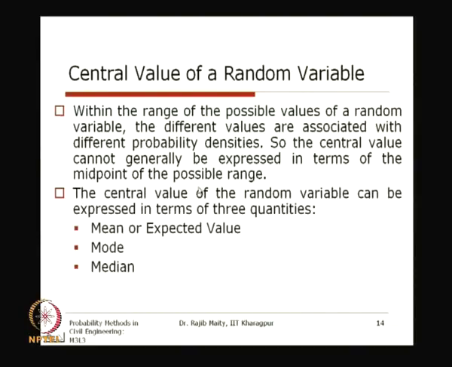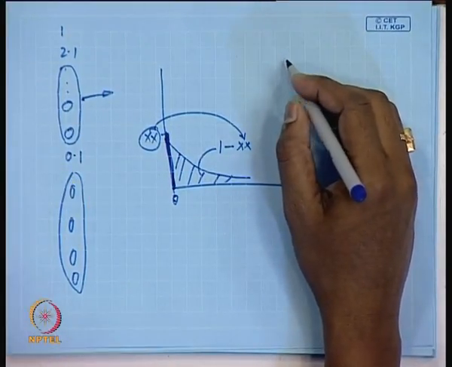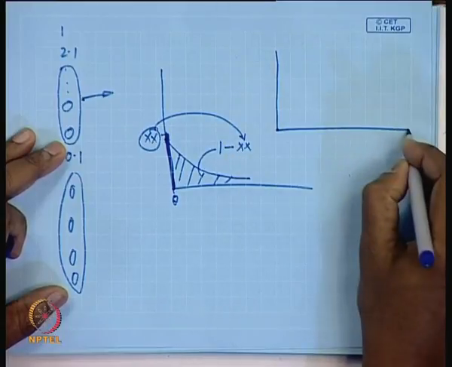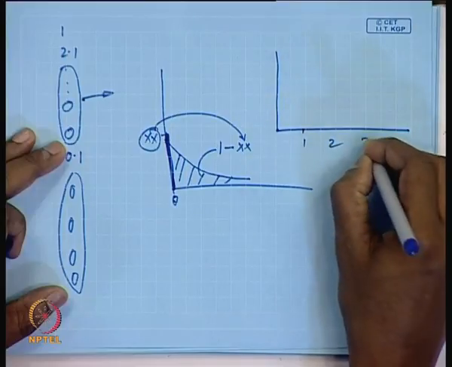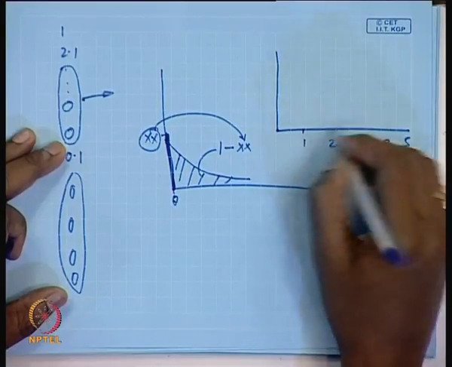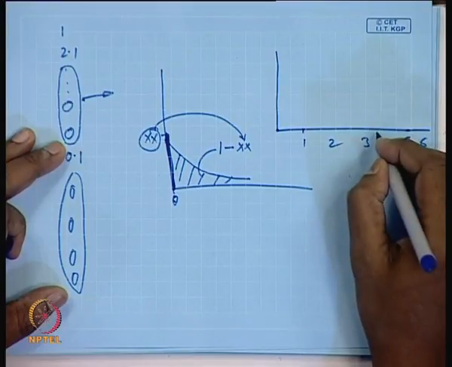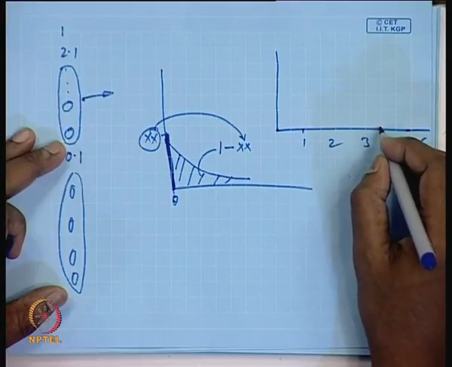Just for a small example, if I take the discrete random variable first, for the dice we have seen 1, 2, 3, 4, 5 and 6, and if I say all these outcomes are equiprobable, then we can say that the central tendency is somewhere around 3.5.